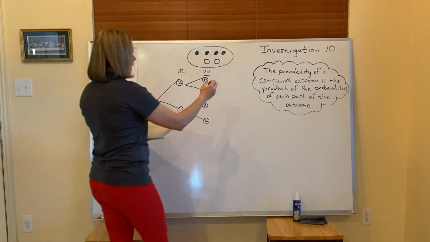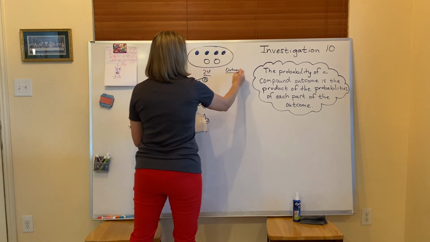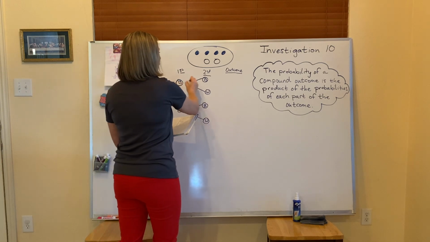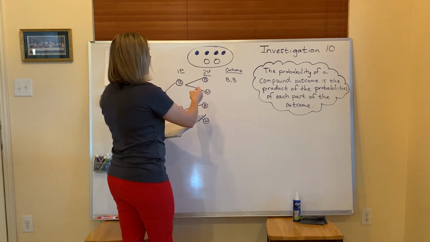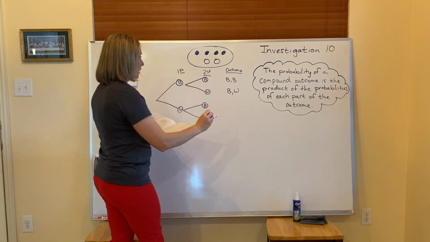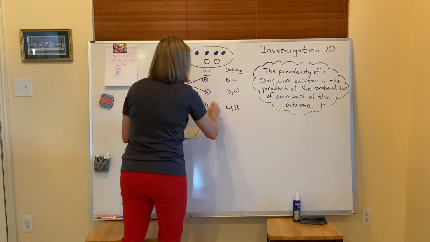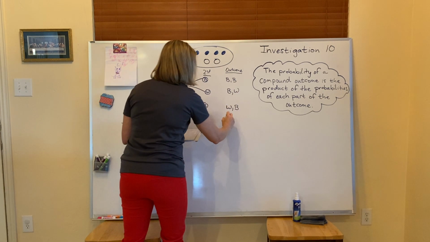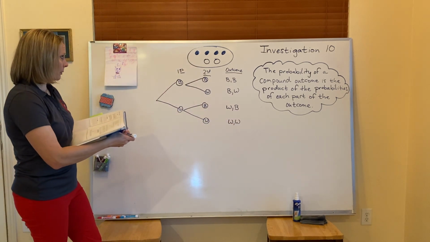So our outcome, it asks us to list the outcome, could be blue, blue, right? It could be blue, white. It could be white, blue. Or it could be white, white. Those are our options that we could come out with.